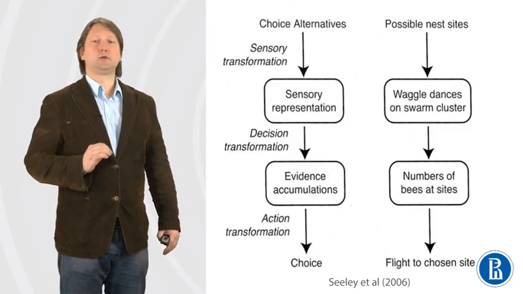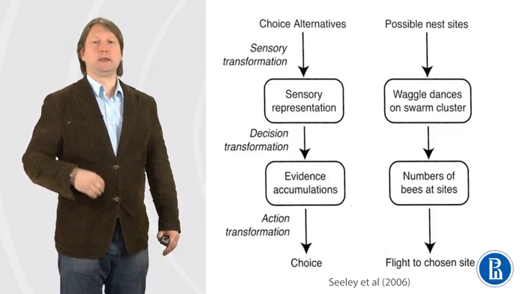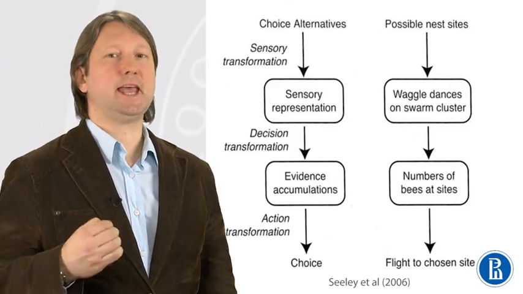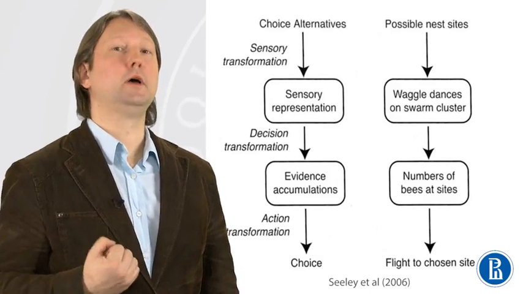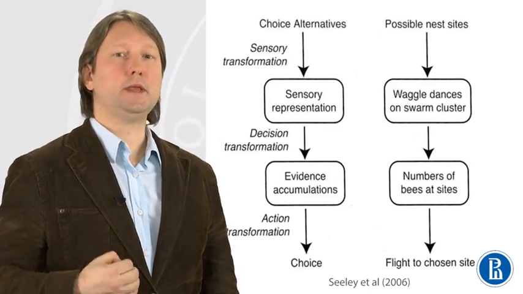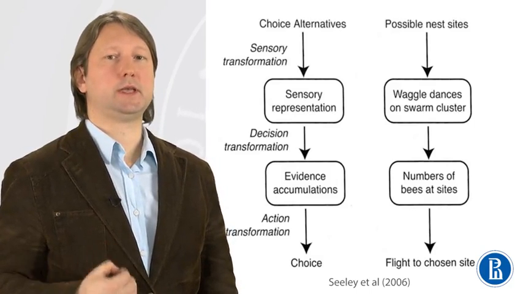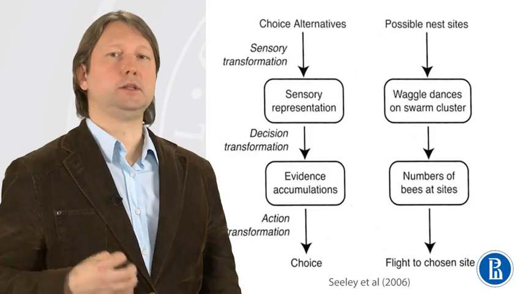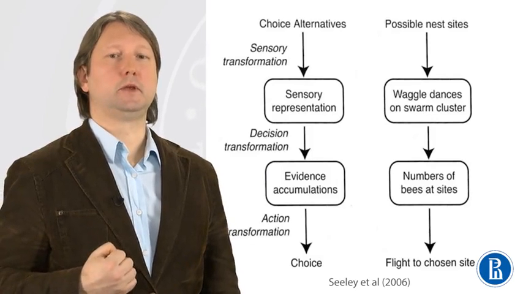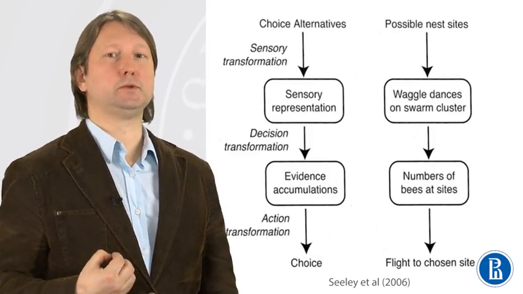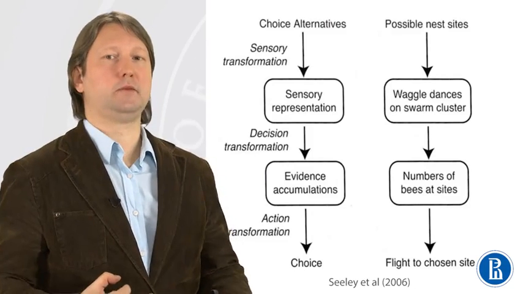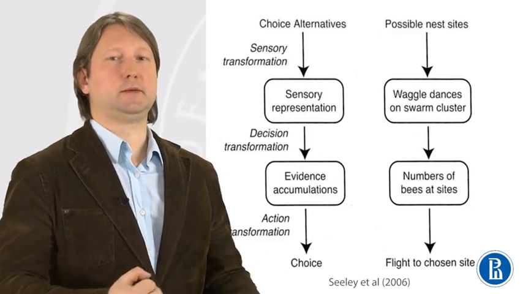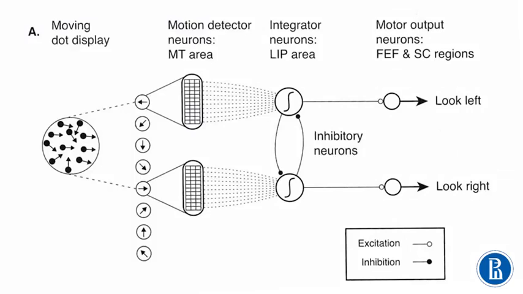In the case of the group decision of honeybees, scouts detect information about the potential places for the new home of the colony. They bring this information to the colony, they dance, and the colony accumulates this information. The accumulation process is indicated by the number of dancers, by the number of scouts advertising the same direction. So we see a similarity with the perceptual decisions.